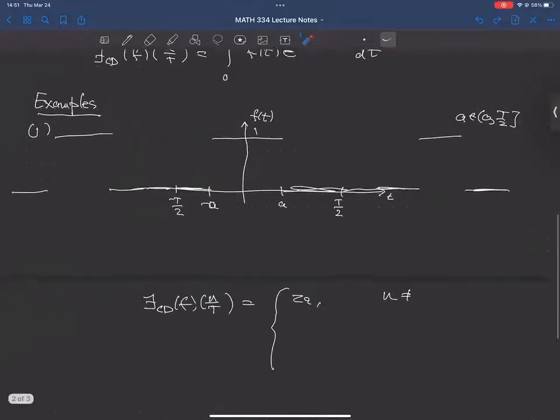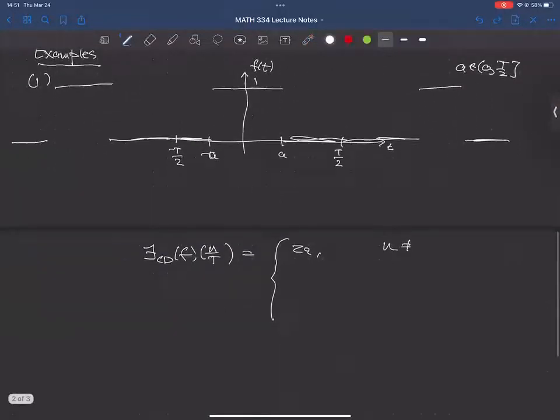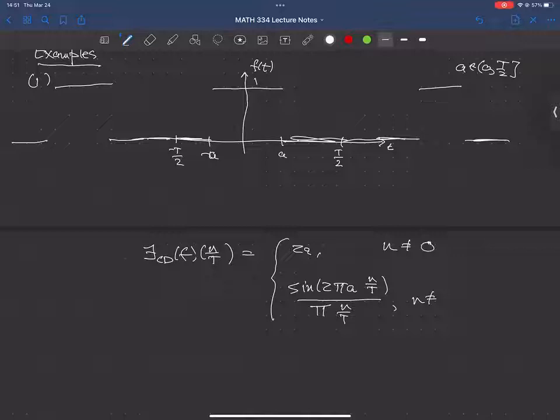That's an easy thing to do, and there's just a little bit of simplification that you can do there. Upon simplifying, you get this. Sorry, this is n not equal to 0.